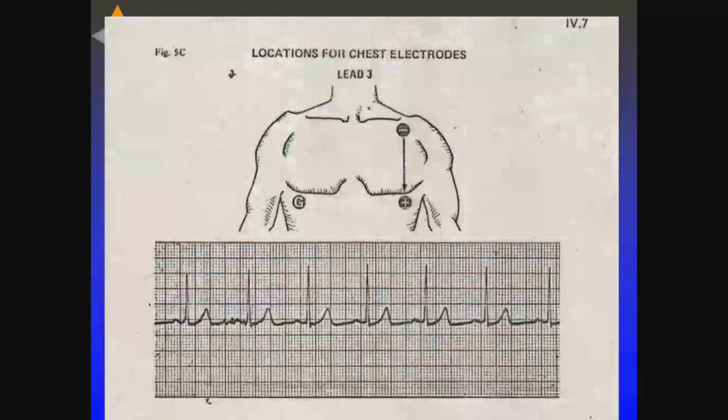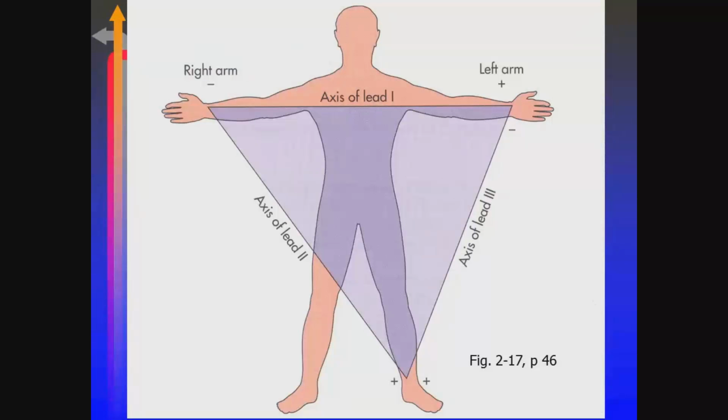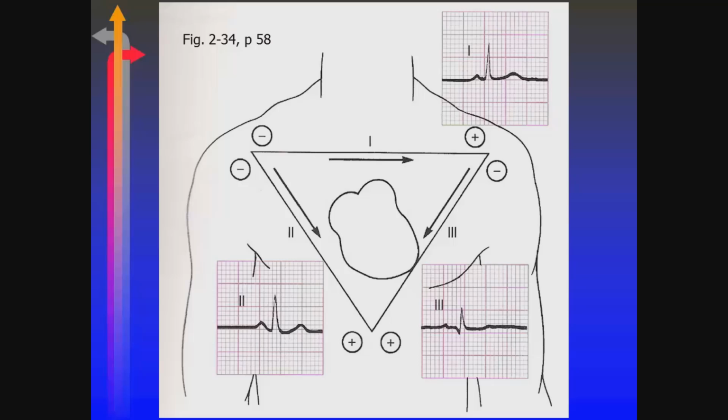And lead 3 is left shoulder negative, left foot positive. And you can see the different heights of the P waves as you're going across. These three together are what we call Einthoven's triangle, and it gives us a view of the frontal portion of the body. And there you can end up seeing the three tracings.